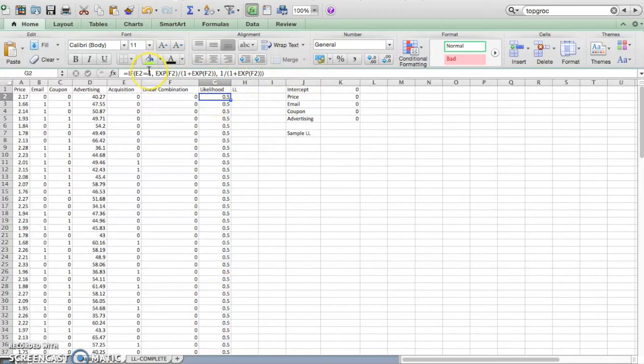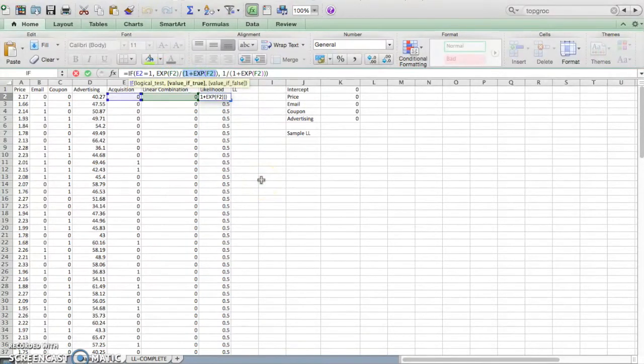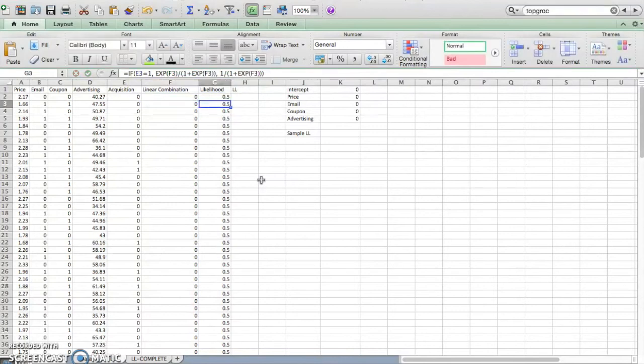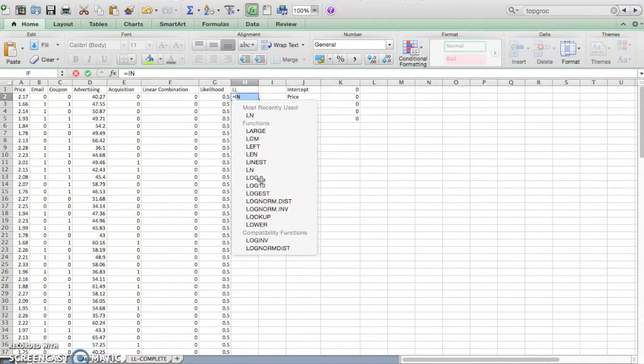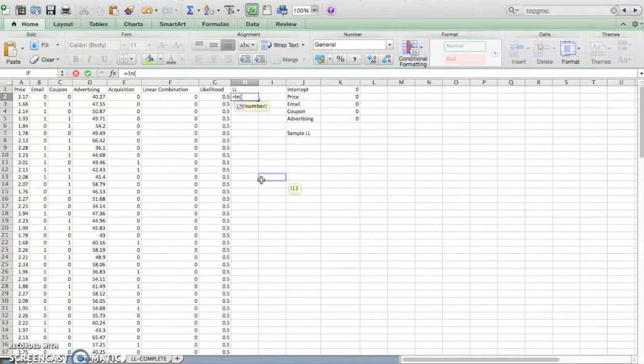In the last clip, I made a brief error and didn't put the appropriate parentheses around this part of the equation, which just serves as another reminder to always double check the parentheses. But I fixed it now, and now this column is all 0.5 because, again, we're using these 0 placeholders in column K. So to get the log likelihood, we're just going to take the natural log, ln, of the likelihood.